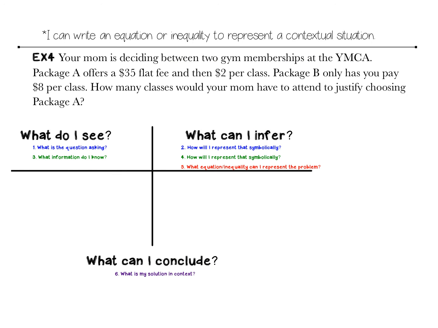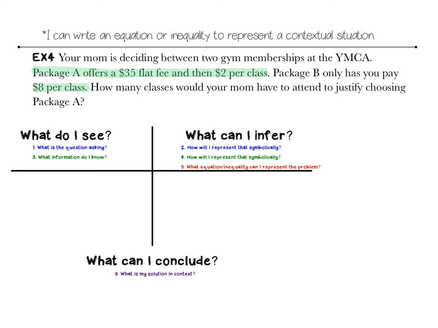All right, and our last word problem that we're going to work through together is this one. Your mom is deciding between 2 gym memberships at the YMCA. Package A offers a flat fee of $35 and then $2 per class. Package B only has you pay $8 per class, so there isn't a flat fee.